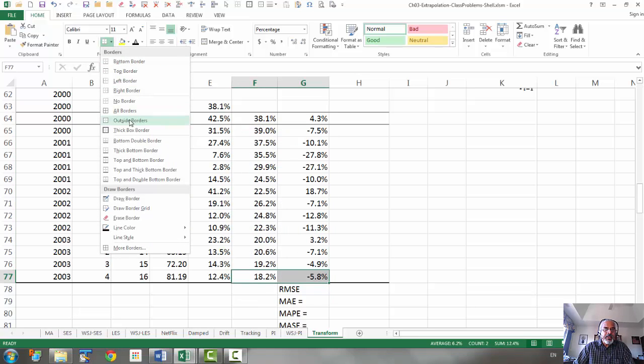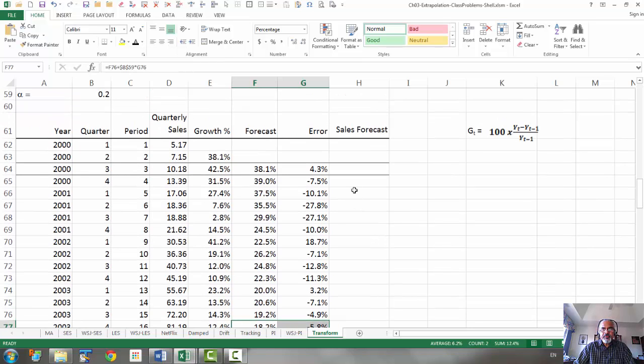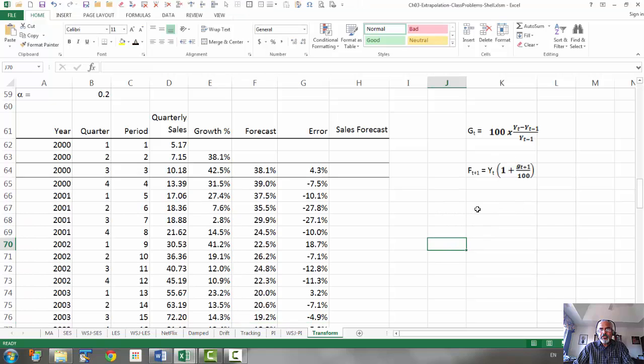Now for us to set up the accuracy measures, we need to bring the growth forecast back into the actual forecast. And for that, here is the formula.